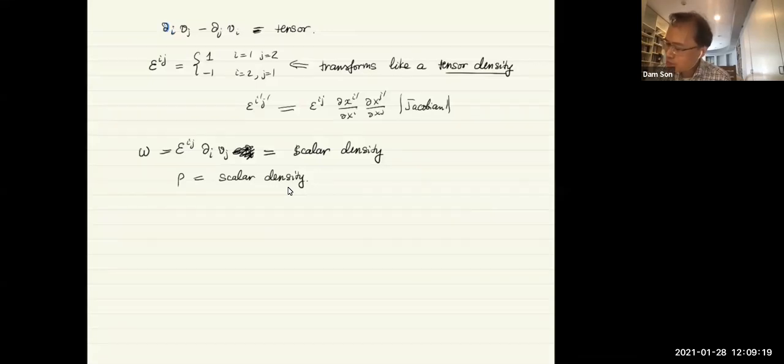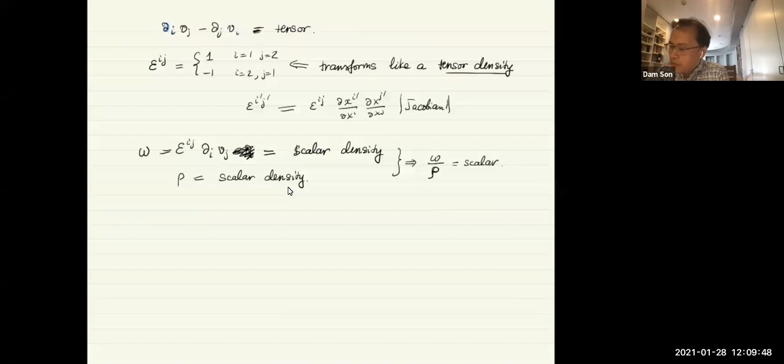First step, we find that omega over rho just transforms like a scalar. Take two densities, divide them by each other, it becomes a scalar. When one transforms it, the Jacobian from the denominator and numerator cancel each other. It's a scalar.